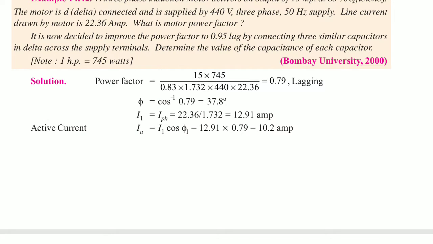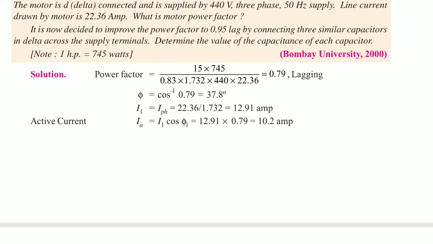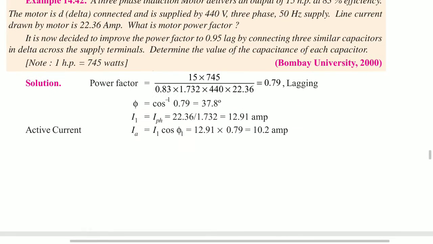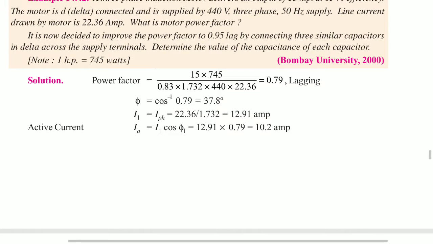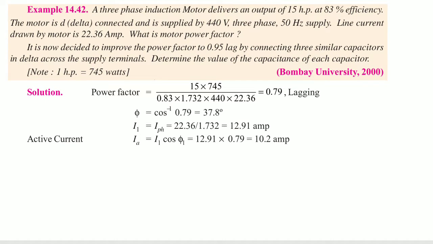Now cos phi is equal to three-phase power divided by root 3 VL IL. That is the formula for power factor. So here the input power is 15 into 745 divided by 0.83 into 1.732 into 440 into 22.36.